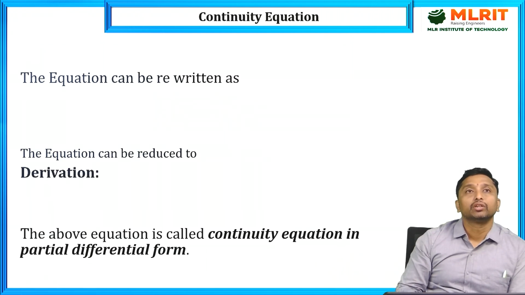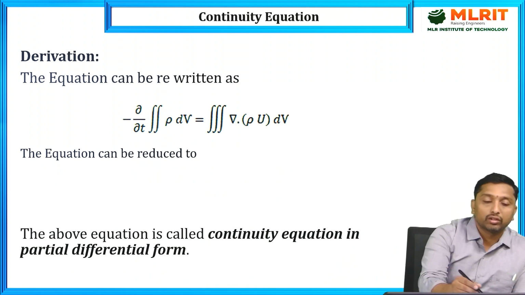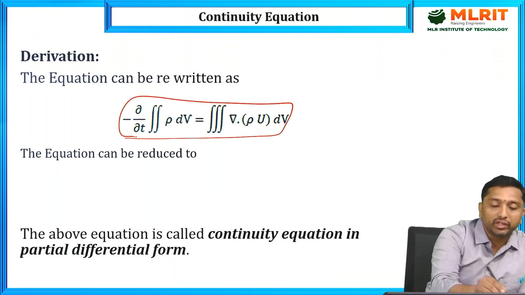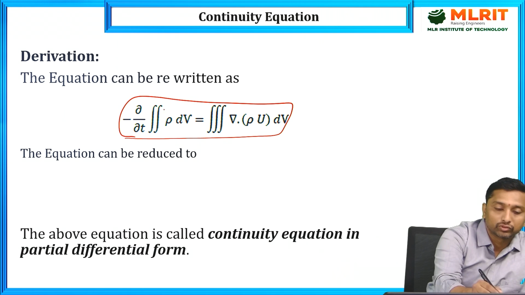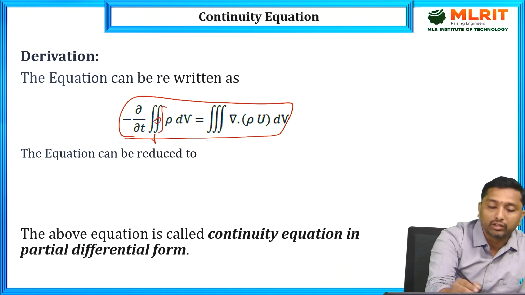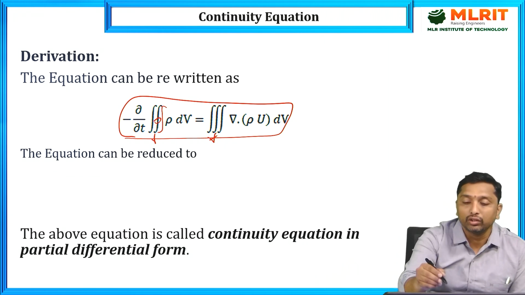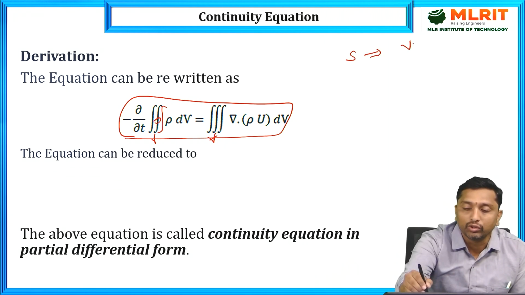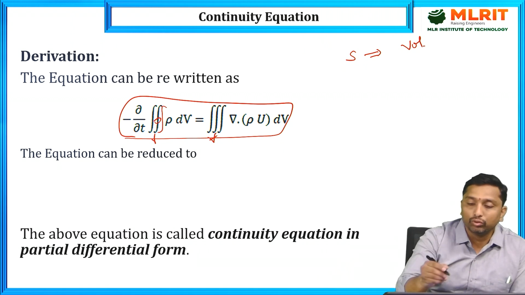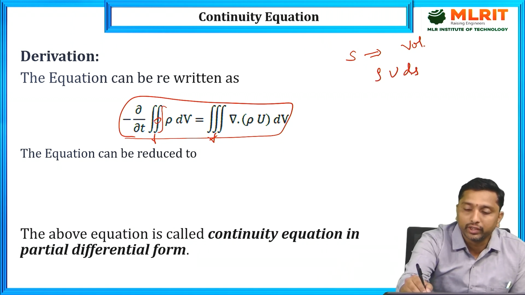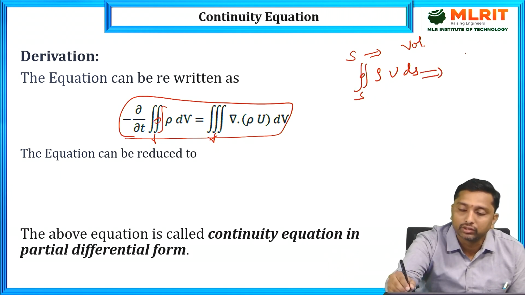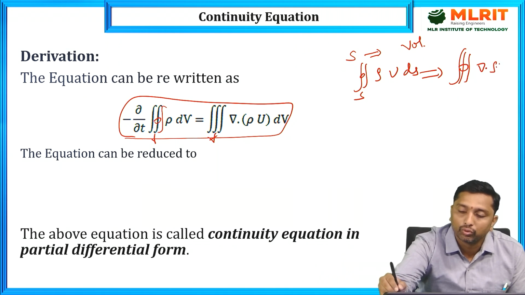The continuity equation can now be written as a volumetric integral. This is also a volumetric integral, where we use the divergence theorem to convert a surface integral to a volumetric integral. Previously it was ρu·dS as a surface integral. Now that can be written as the volumetric integral of the divergence of ρu dV.